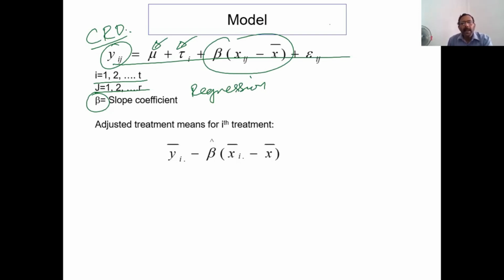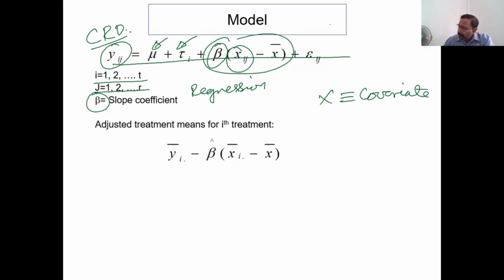We'll come to the ANOVA later on. This is written as beta into Xij, that is the observed value of initial weight. X is the covariate here. Write down: X is the covariate. Ij means it is the first value.